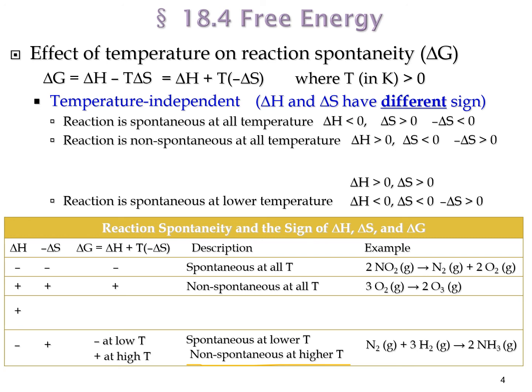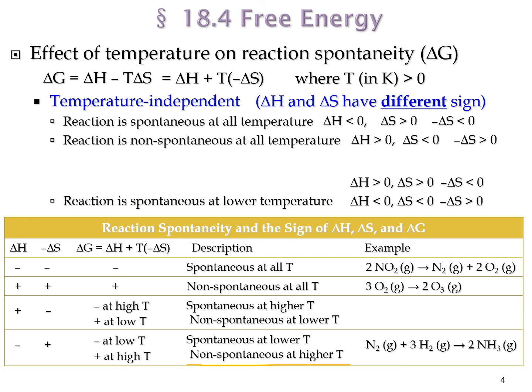Our fourth case is where delta H is greater than 0, delta S is greater than 0. If delta S is greater than 0, negative delta S is less than 0. And if we have T that is small, this process becomes non-spontaneous, because there's still more of a positive delta H left.